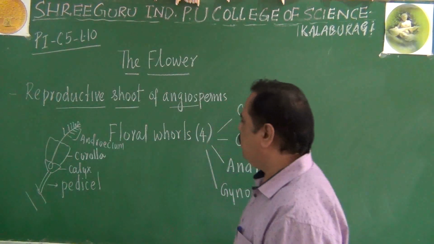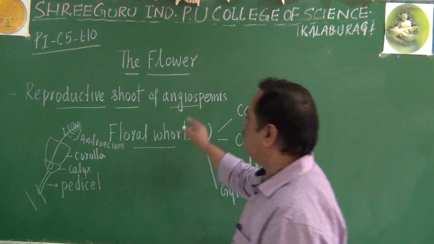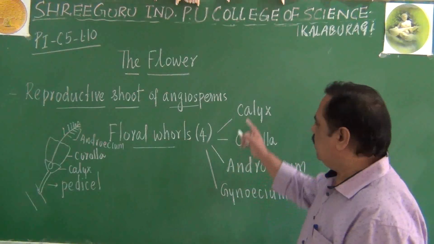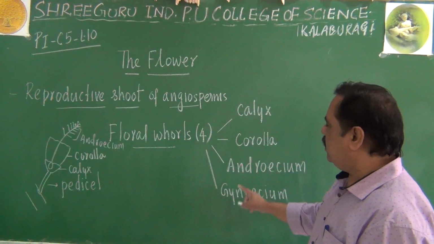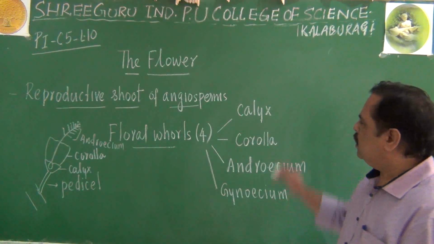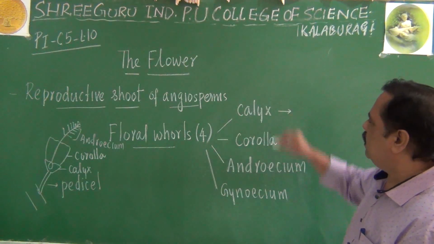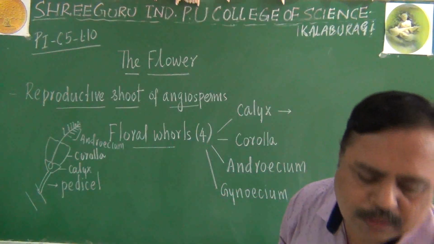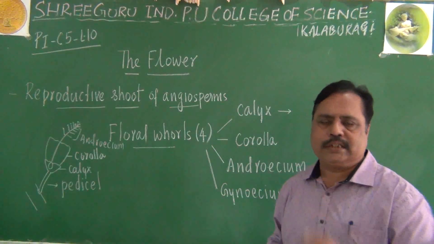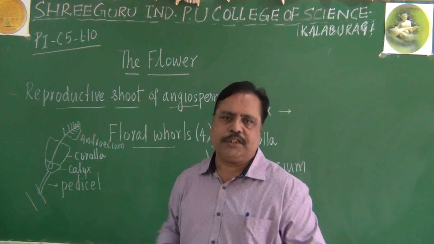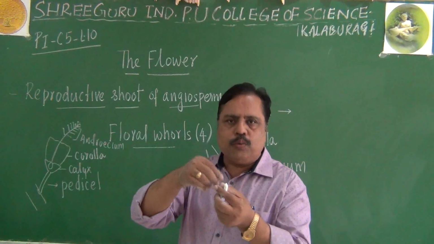So the main point is that a flower has 4 whorls, namely calyx, corolla, androecium and gynoecium. Now listen, if you observe the calyx, it is made up of its own units. The calyx is not a single simple structure. It has its own parts.